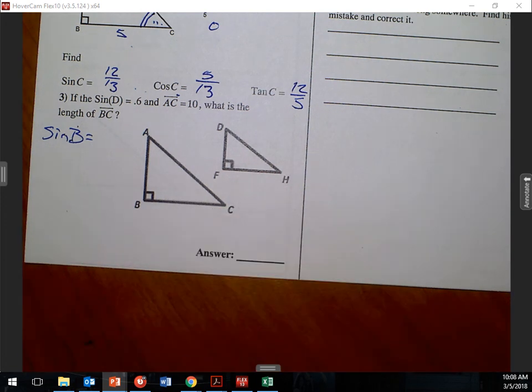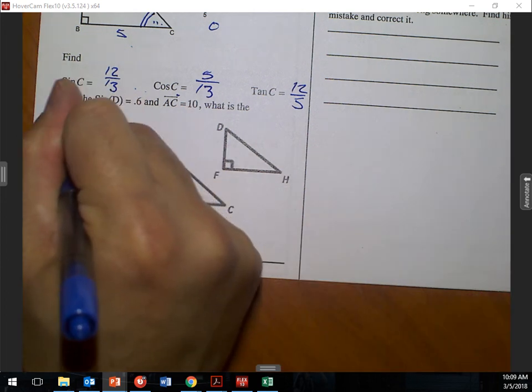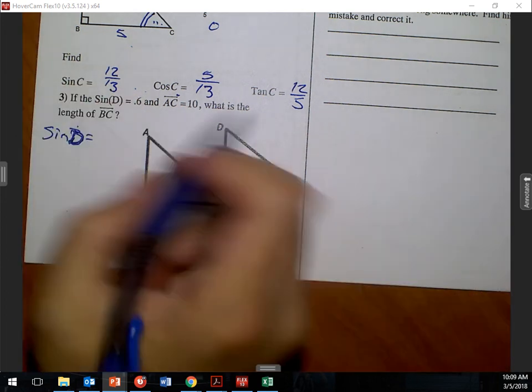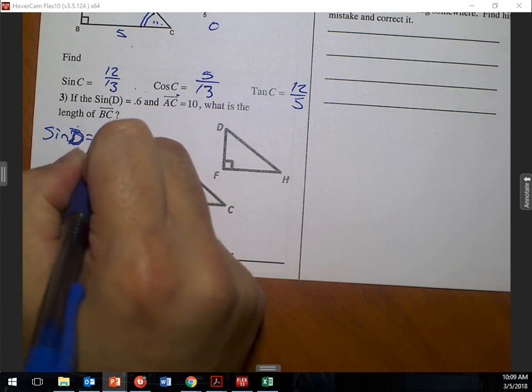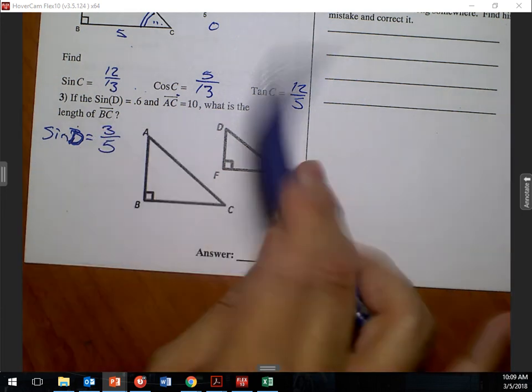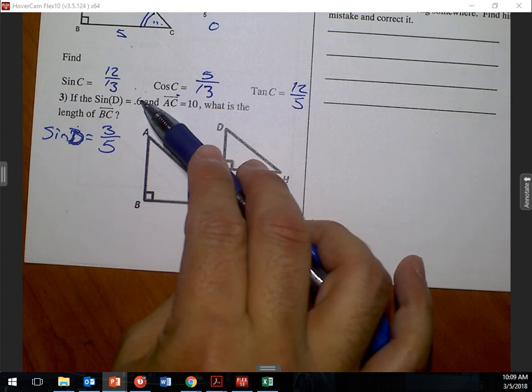Your calculator will reduce. Yes, 3 over 5, right? Because 6 over 10 will reduce into 3 over 5.